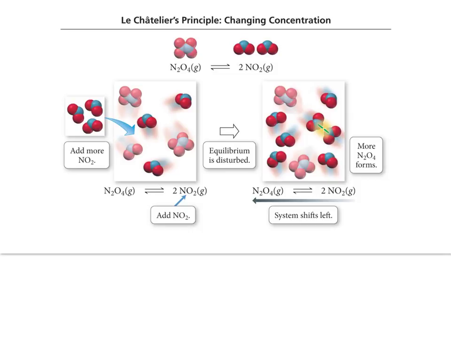Here's a graphical representation of what we just discussed in the previous slide. In this case, we added more nitrogen dioxide to the reaction mixture. So it is possible for there to be a collision between those two reactants. The equilibrium is disturbed, and the equilibrium shifts back to producing the reactant, dinitrogen tetroxide.